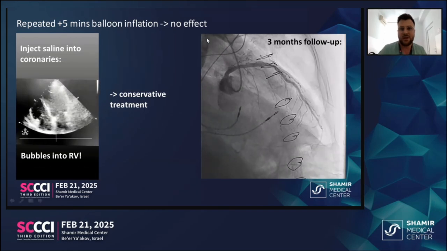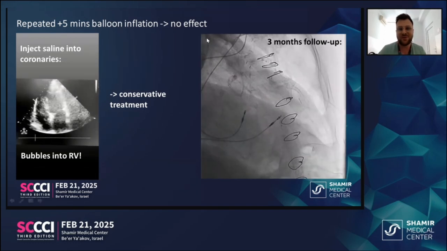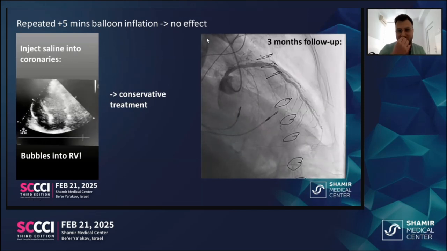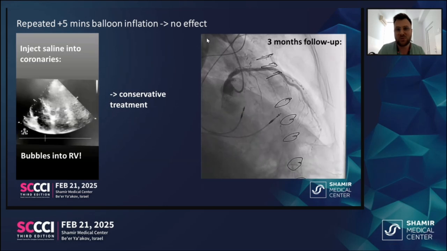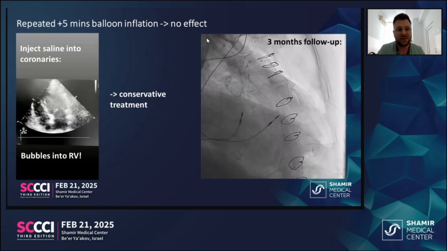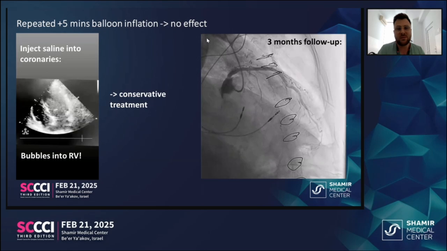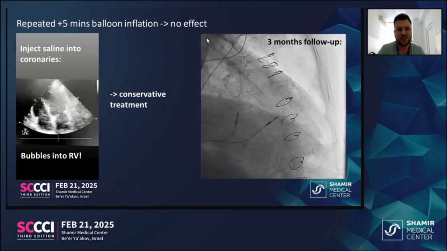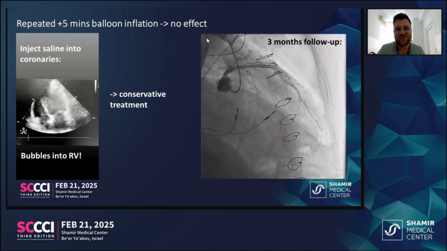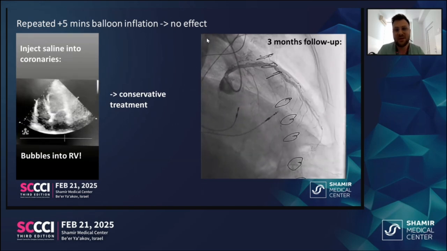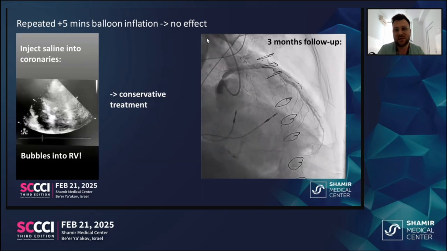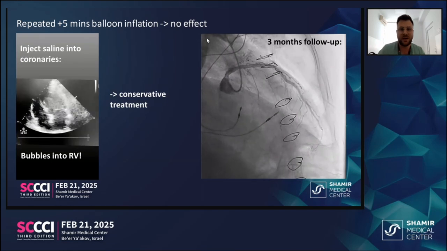Then we stayed another half an hour. We got really scared, and the question was, now knowing that it's spilling into the right ventricle, should we do something? We checked the pericardium. The pericardium was always free. The patient was really stable and asymptomatic, and someone looked on the internet, and we saw some reports that you can leave those kinds of perforations alone, and they will seal by themselves.